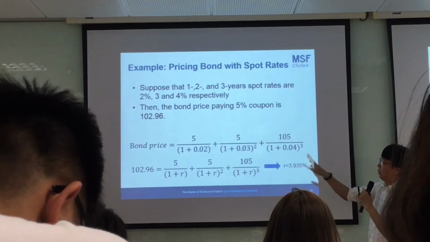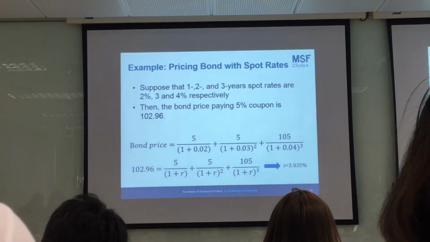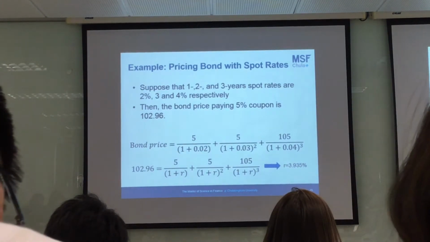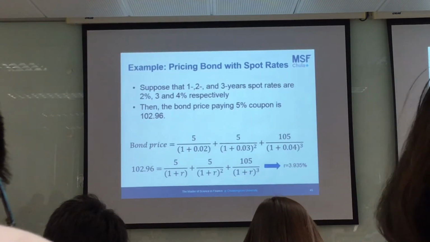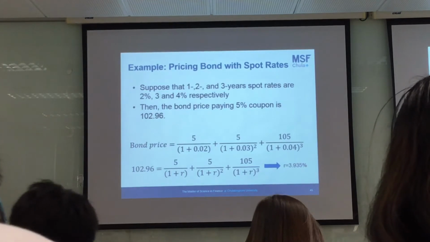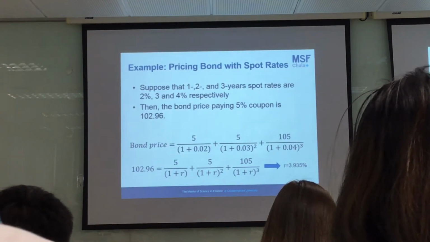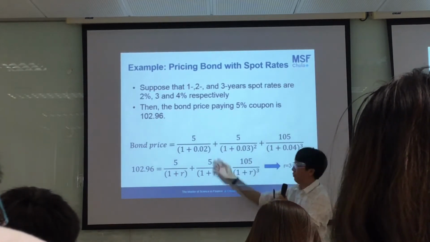This can be observed from the yield curve, or from other information that has similar risks. Suppose they are government bonds. So we can use the spot rate obtained from the zero government bond at different maturities, and then use that spot rate to price this bond.